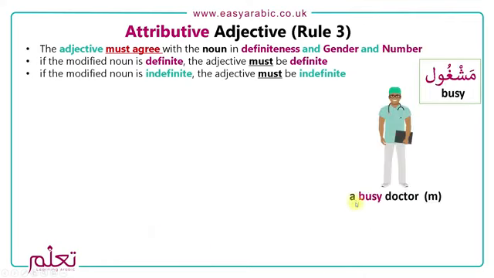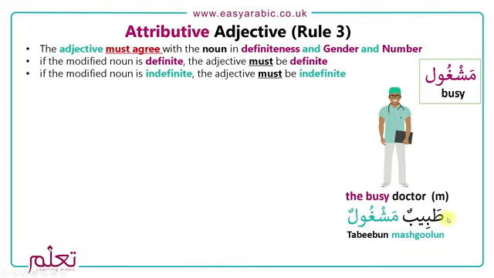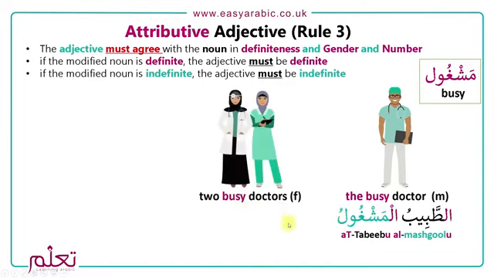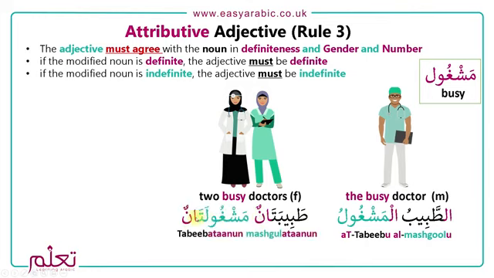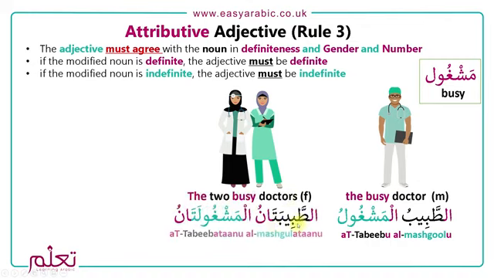If we look at a busy doctor, مشغول is busy, so طبيب مشغول. If we change that to the busy doctor, it becomes الطبيب المشغول. Two busy doctors will be طبيبتان مشغولتان, and the two busy doctors will be الطبيبتان المشغولتان.